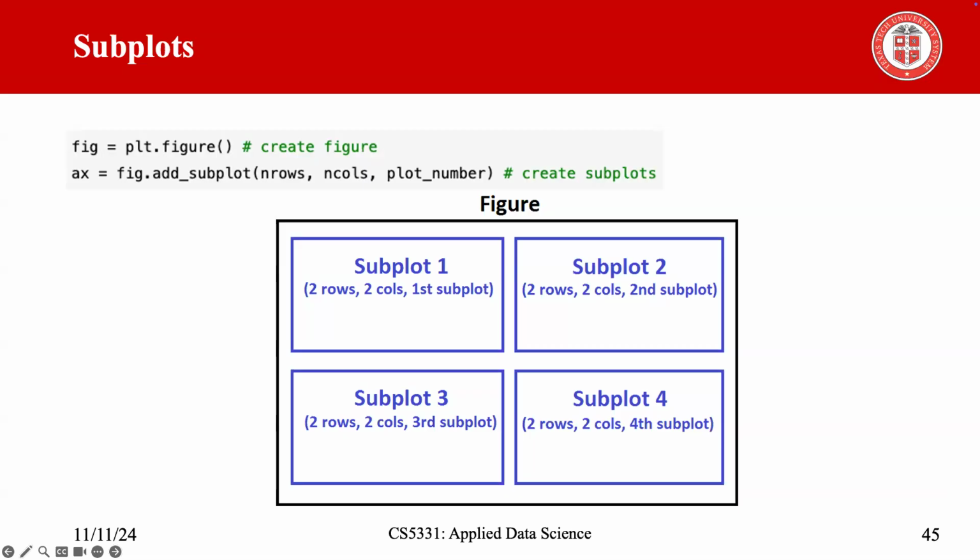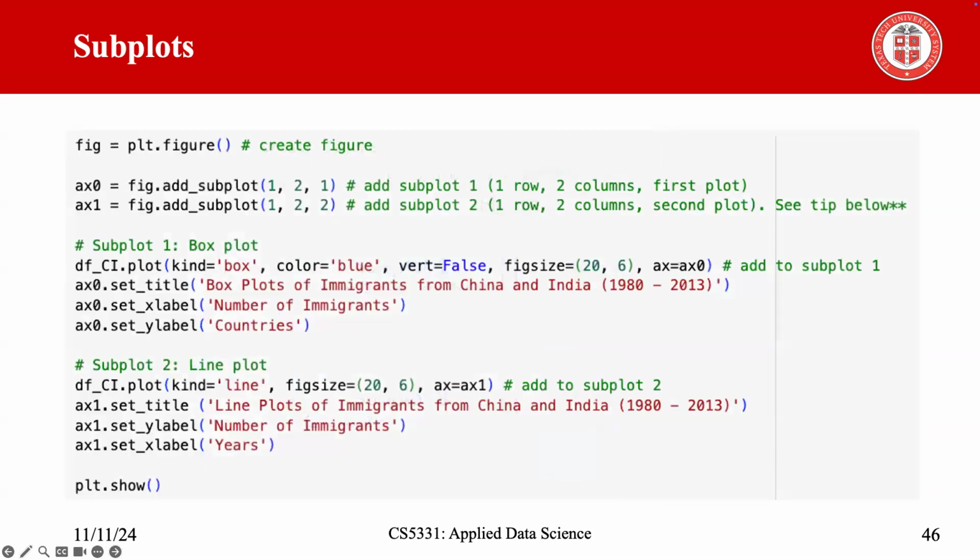If we want to do this, as we just discussed, we can define different variables like ax, and each ax represents one subplot. Here ax0 is the first subplot and ax1 is the second subplot.